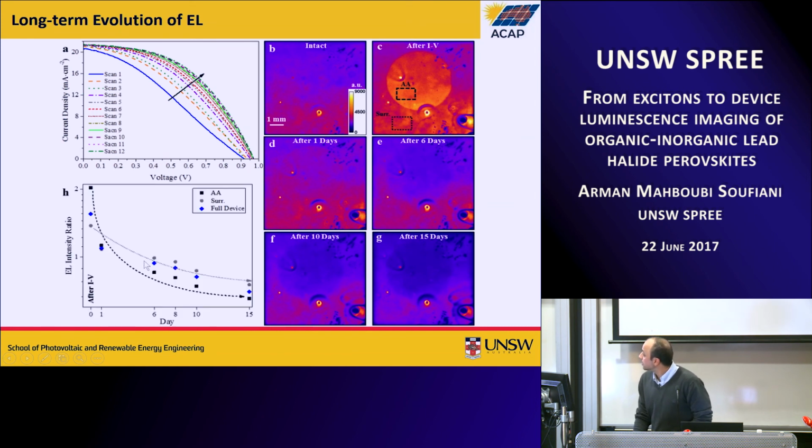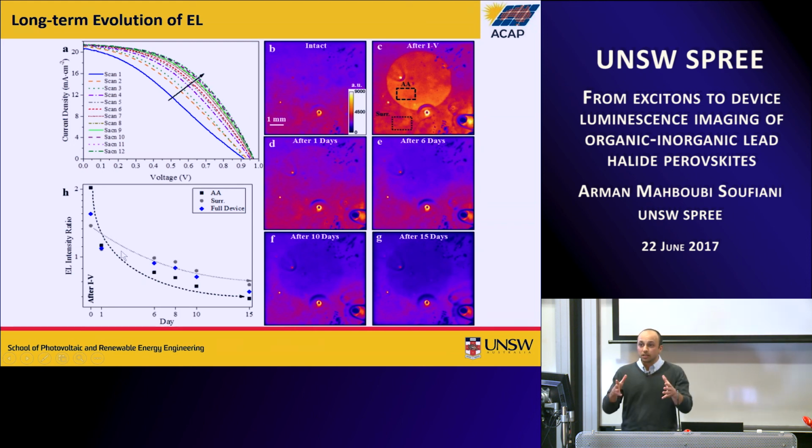You can see here that the region we illuminated, the AA, the aperture area, showed a dramatic increase in EL intensity right after IV measurement, and over time showed a very fast decrease in EL intensity, while the surrounding, which is only affected by the cyclic voltage during the IV measurement, shows degradation at a slower pace.